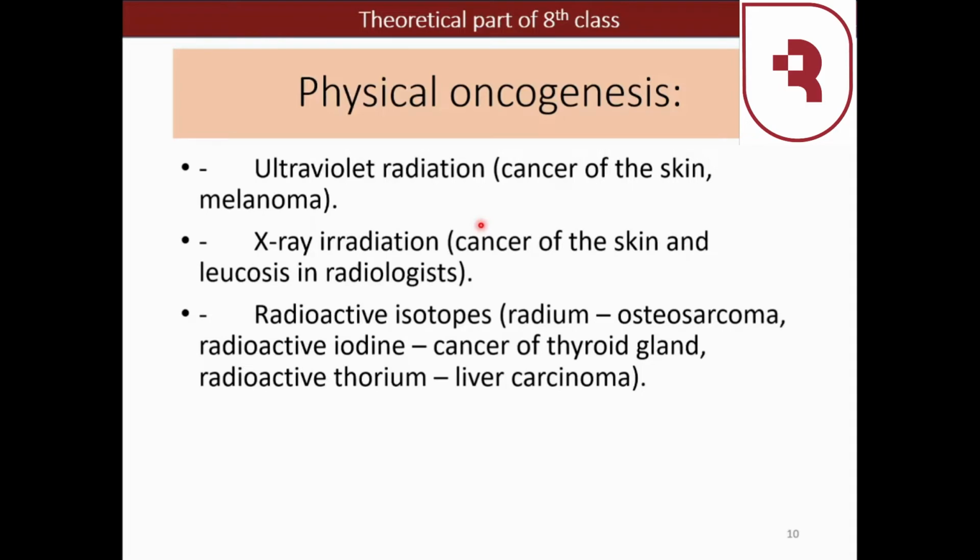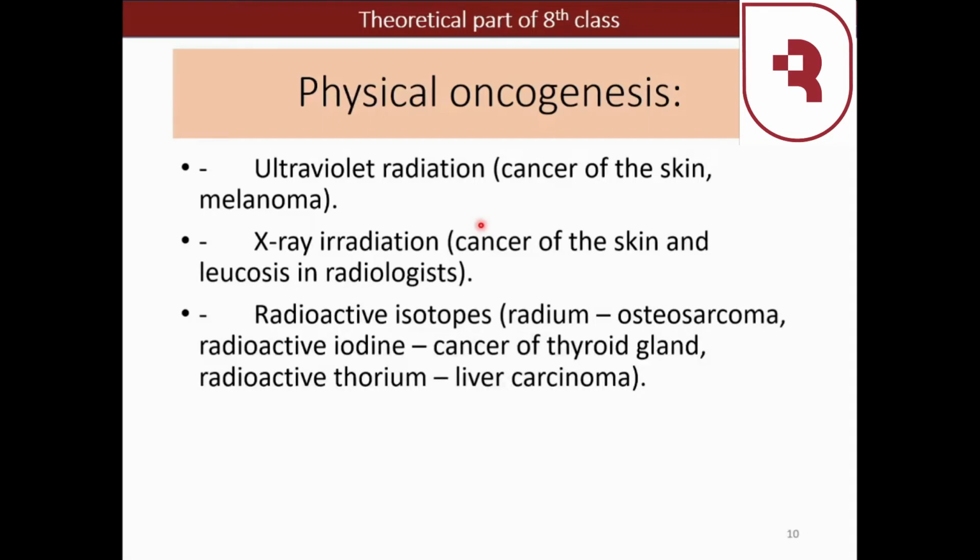Physical oncogenes are associated with different types of radiation. It may be ultraviolet radiation, and this type of radiation mostly will lead to cancer of skin and formation of melanomas. X-ray radiation will lead to leukosis and other types of malignant tumors.